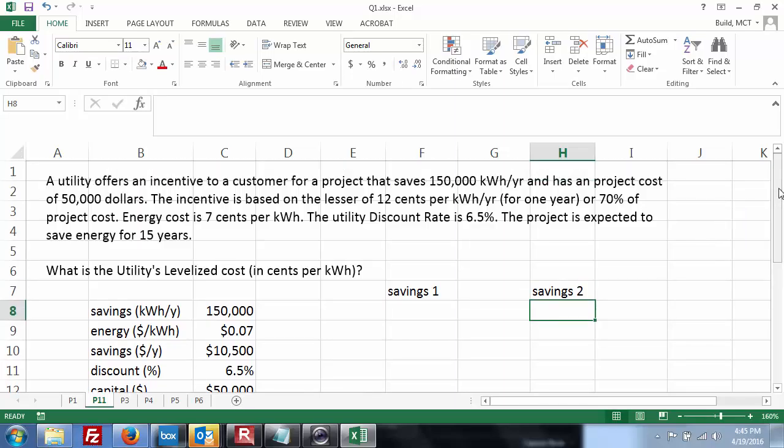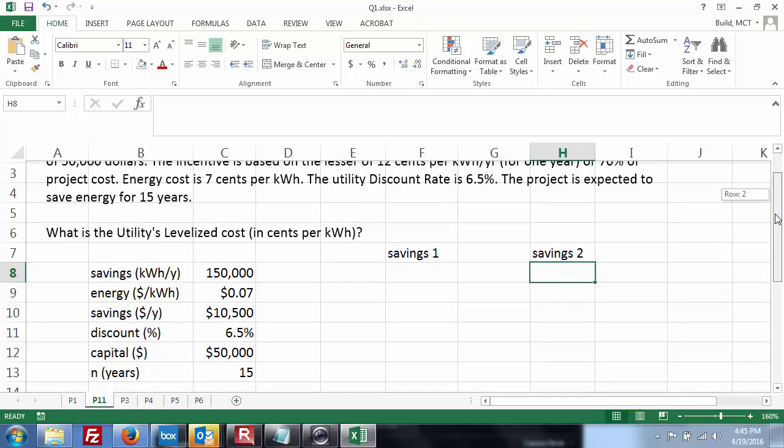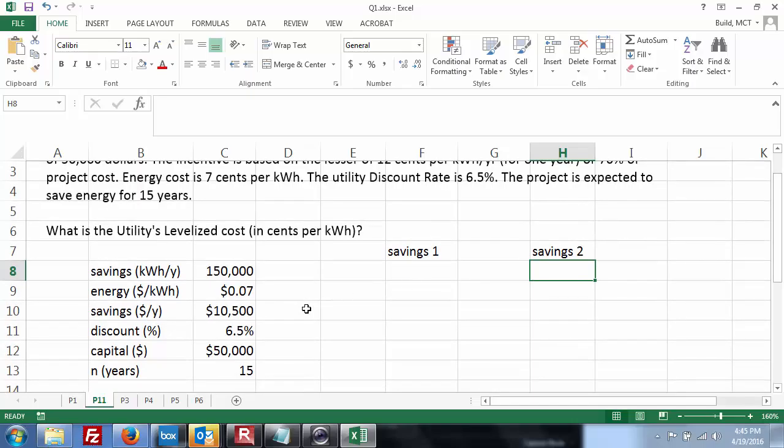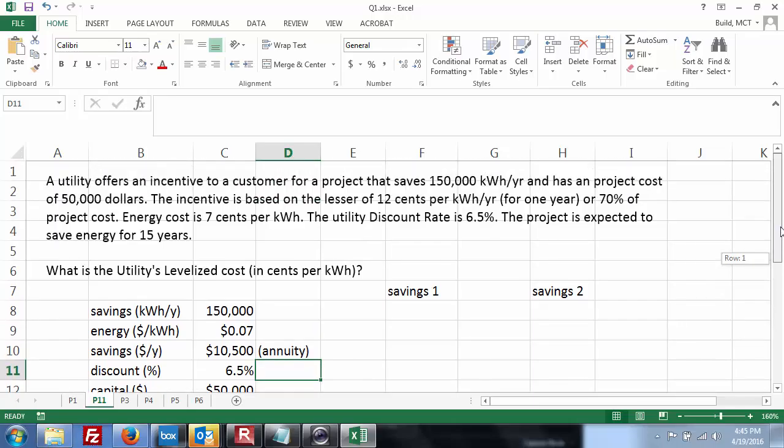Okay. So this is basically the annuity. You've got basically a $10,000, so this is the $10,500 per year annuity that you're more or less saving.